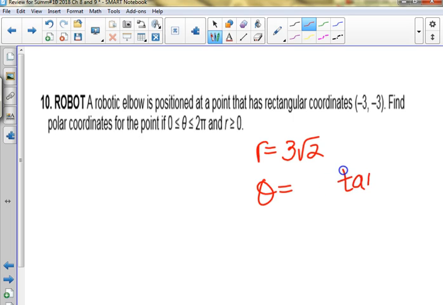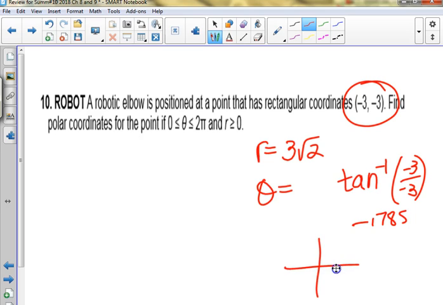Just finishing the video here. Inverse tangent, if you do negative 3 over negative 3 in radian mode, is negative 0.785, but negative 3, negative 3 is over in this quadrant.